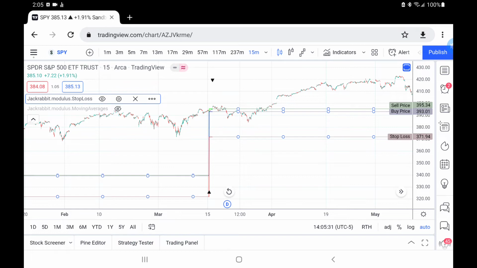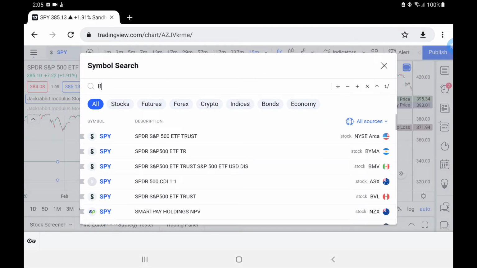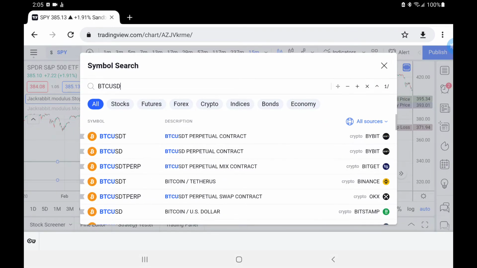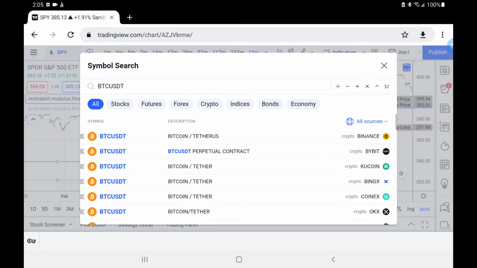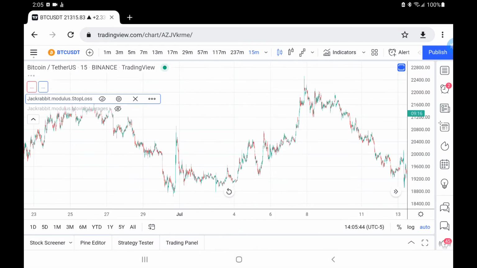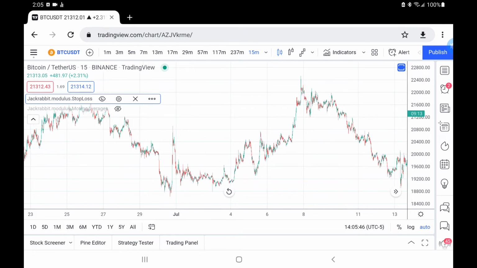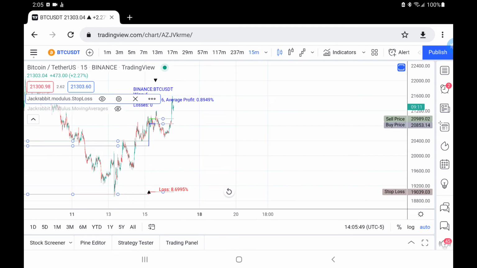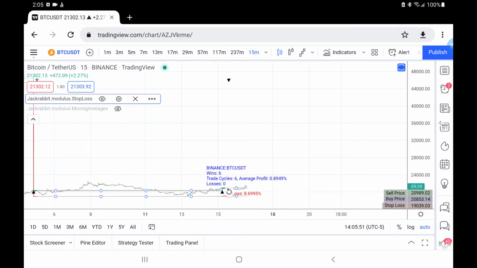So now let's see how this works with cryptocurrencies. Okay, let's go to Bitcoin. Now you are dealing with literally 2,000 points of volatility. Well, support and resistance actually does well, quite well in fact.